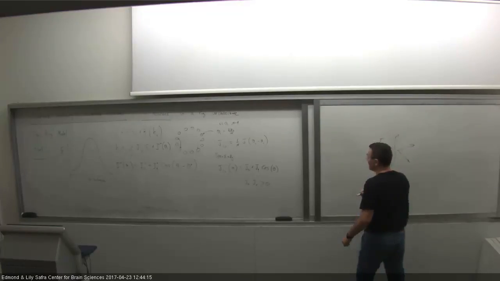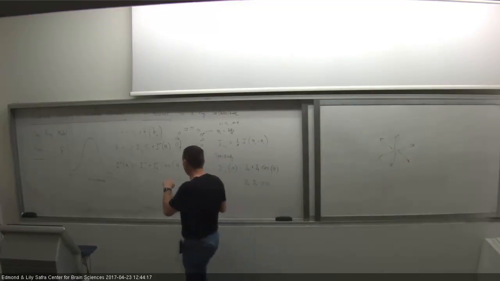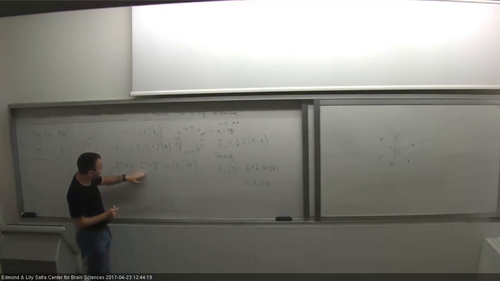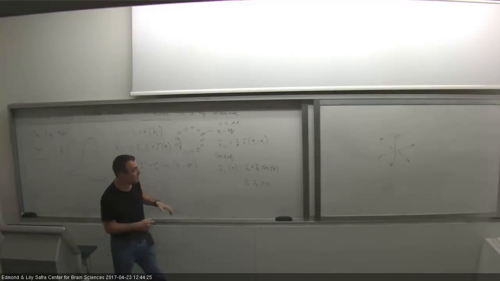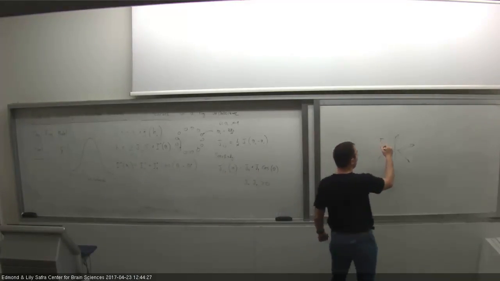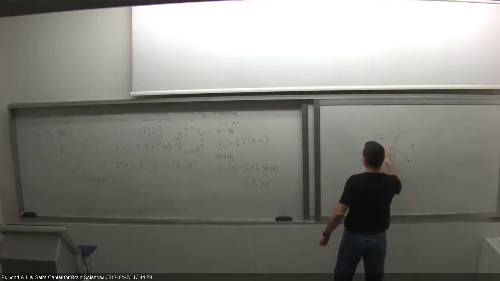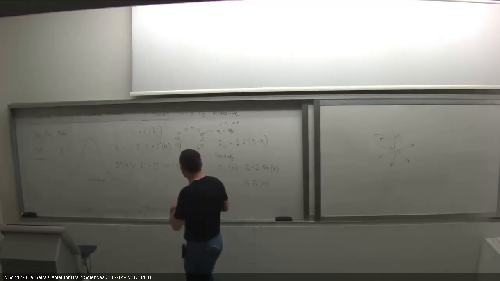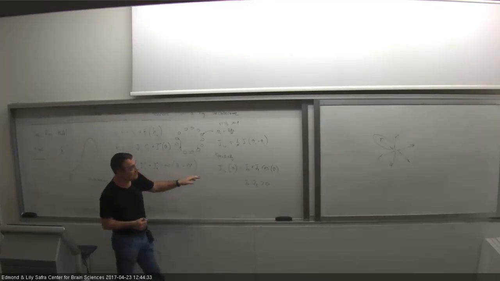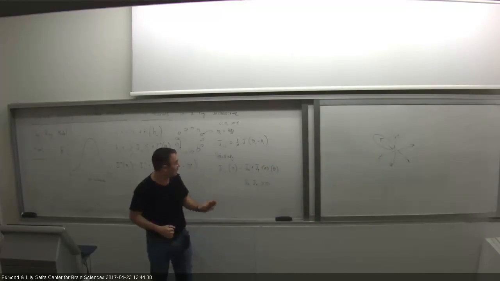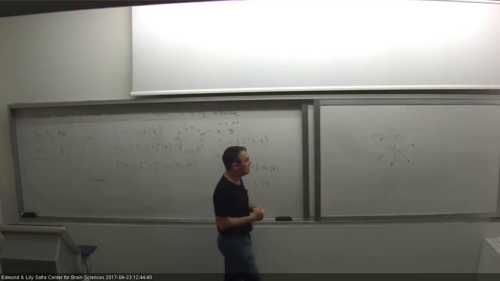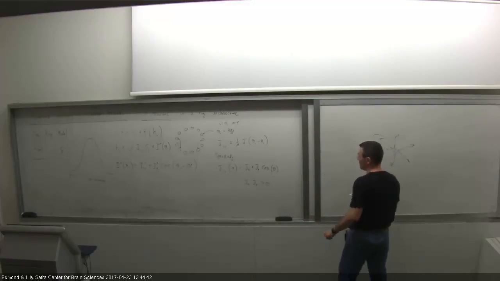So each neuron receives input which has a constant, homogeneous part that is equal for all neurons, and a part that depends on the particular direction. Some neurons, the neurons that correspond to this direction, will receive a stronger input than neurons that correspond to a different direction.